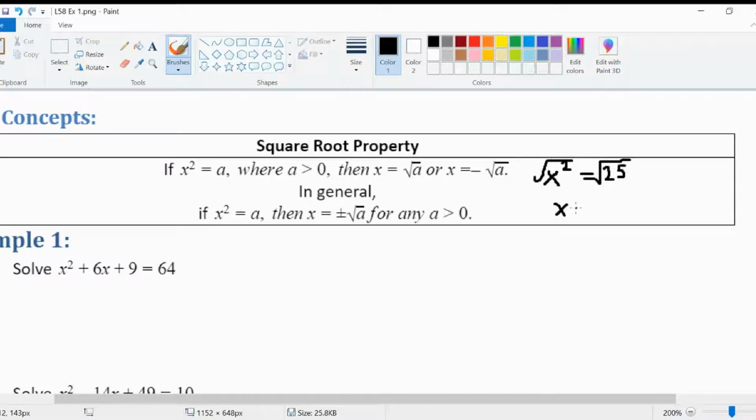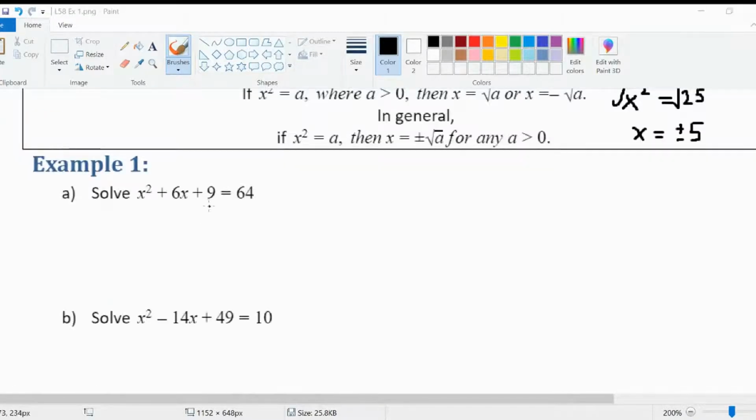So x is going to equal 5, which is the square root of 25. But there is also another value that when you square it would have equaled 25. That is negative 5. So whenever we square root a value, we have to account for the positive and negative of the solution. Perfect square trinomials.